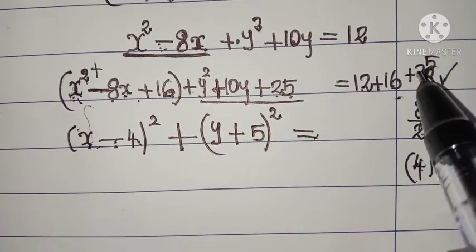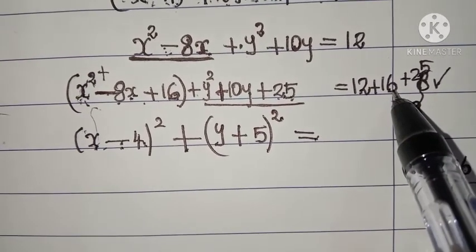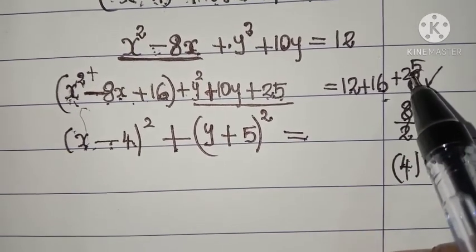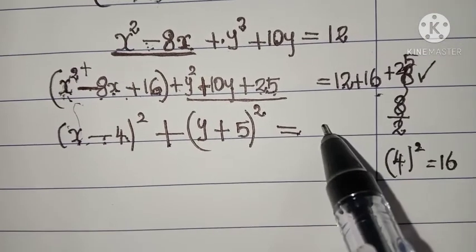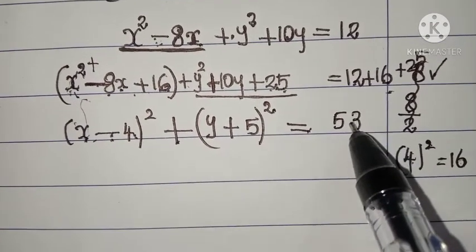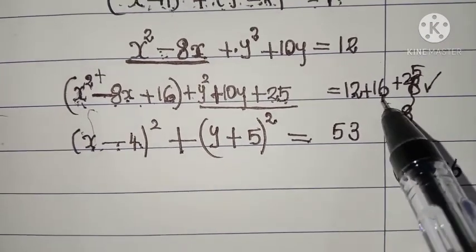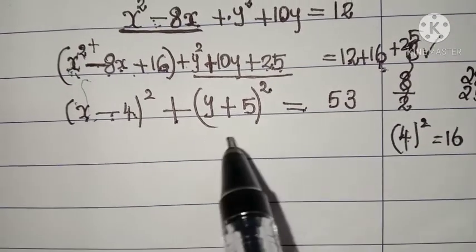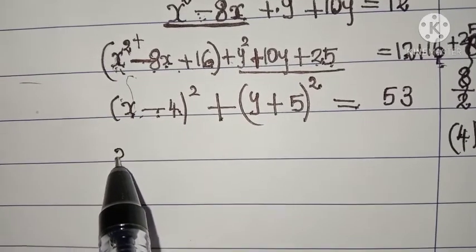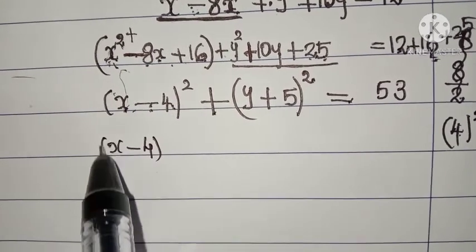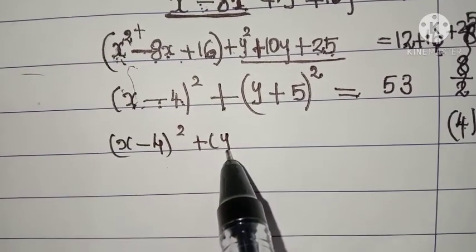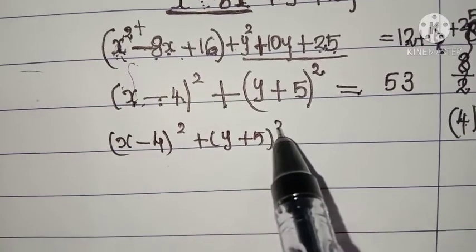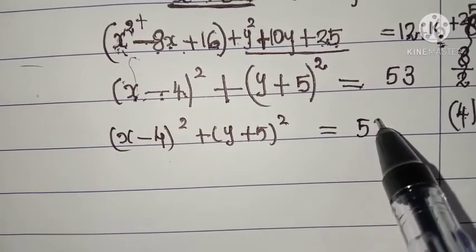now add these three: 12 plus 16 plus 25. 12 plus 16 is 28. 28 plus 25 is 53, isn't it? So this is x minus 4 the whole square plus y plus 5 the whole square is equal to 53.